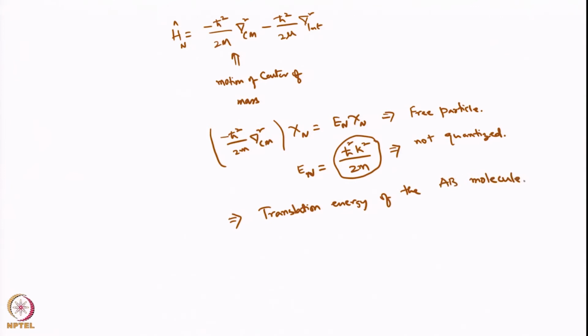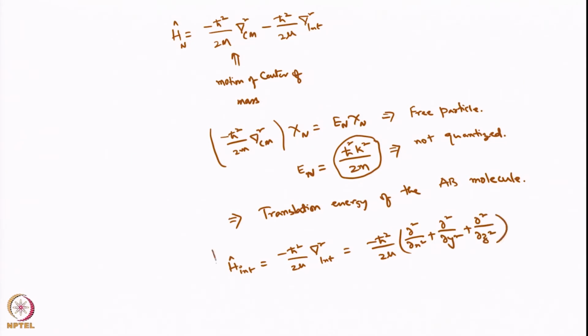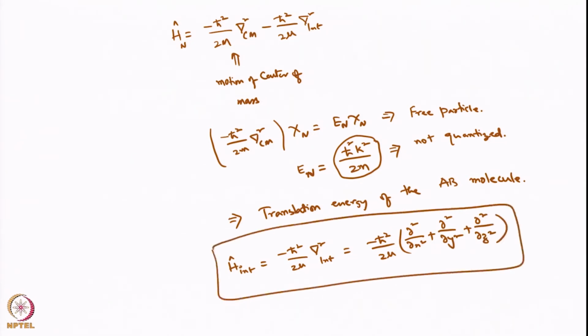Now, one needs to deal with H internal, which will be minus h bar square by 2 mu del square internal. That will be nothing but minus h bar square by 2 mu times d square by dx square plus d square by dy square plus d square by dz square. This is the Hamiltonian that we need to solve.